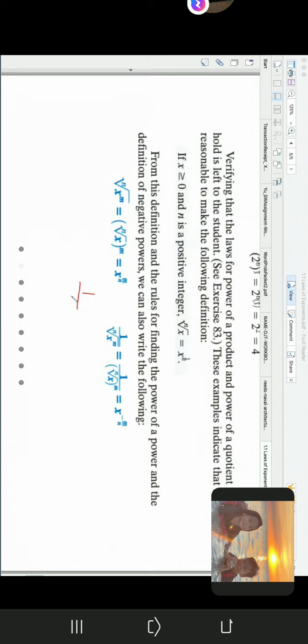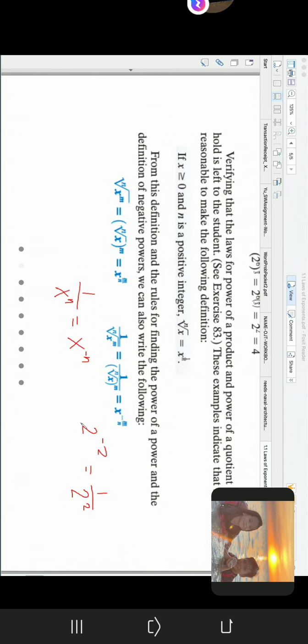Let's say this is your x to the n, when you put this x to the power of n in the numerator, that would become x to the power of negative n. But if you rewrite it this way, let's say you have given 2 raised to the power of negative 2. When you simplify that, that would become 1 over 2 squared.